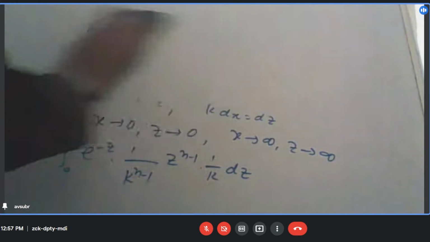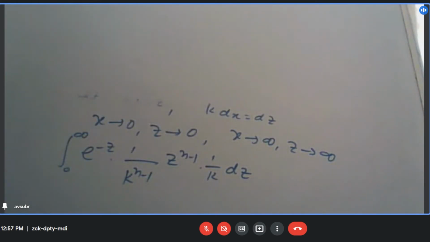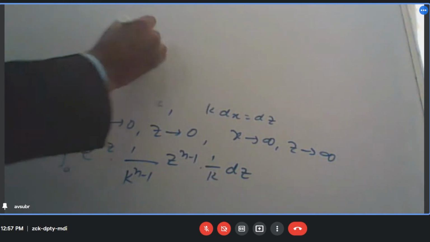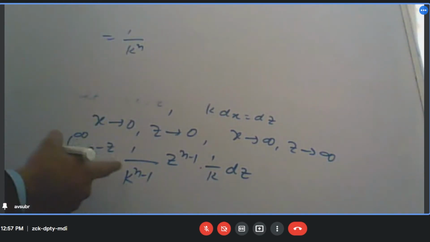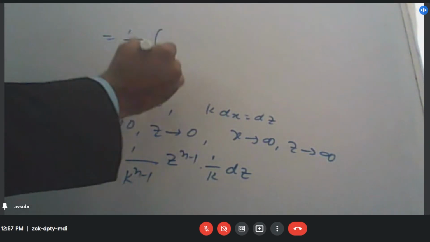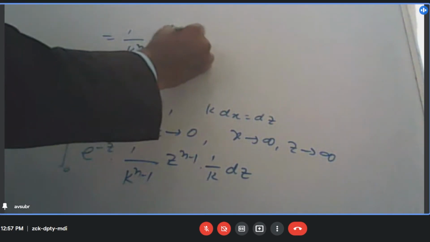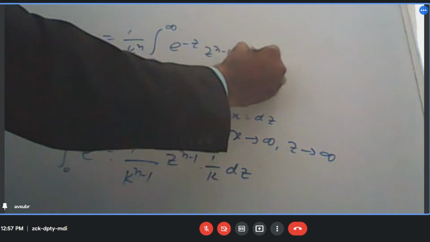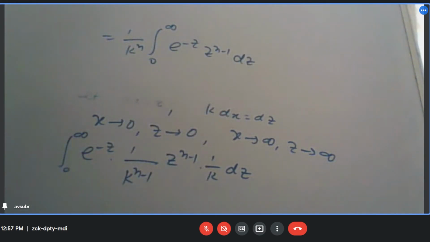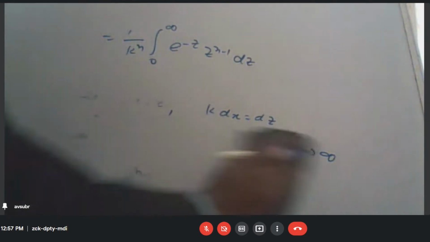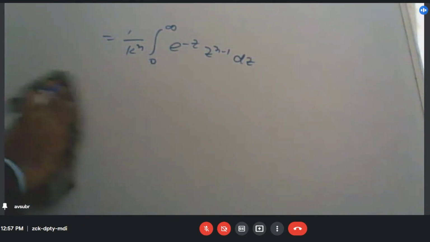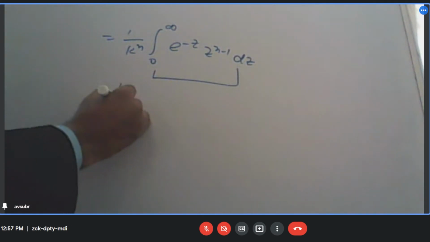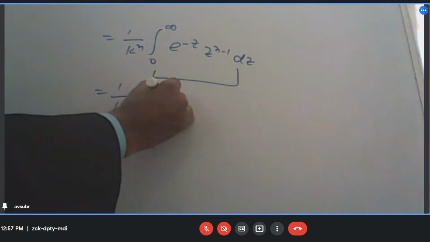So if I write it like this, then this integral will turn out to be equal to 1 by k to the power n, into the integral from 0 to infinity of e to the power minus z into z to the power n minus 1 dz. Is it okay? So is it a gamma function? Yes, gamma n.